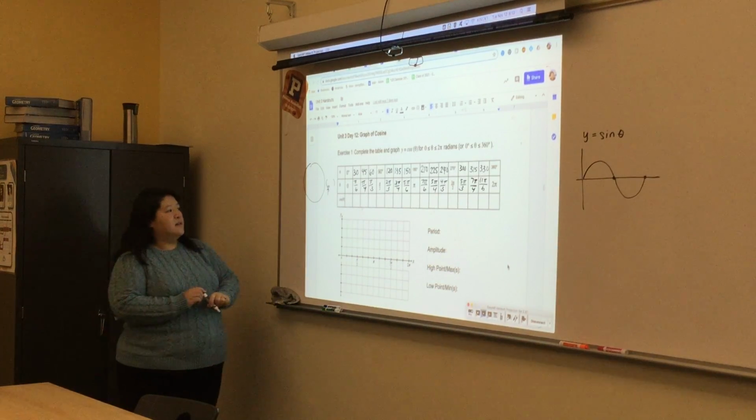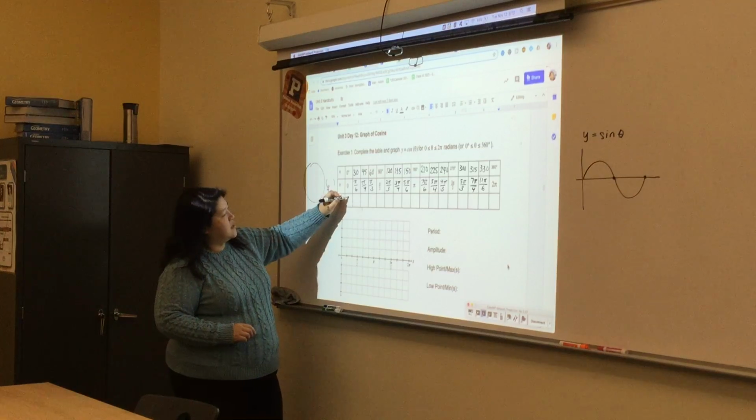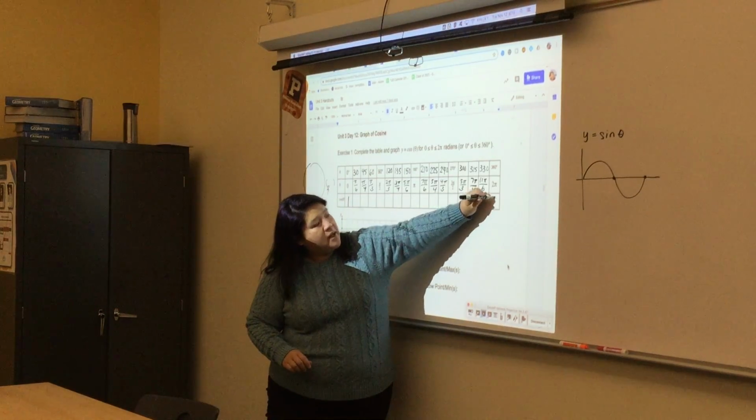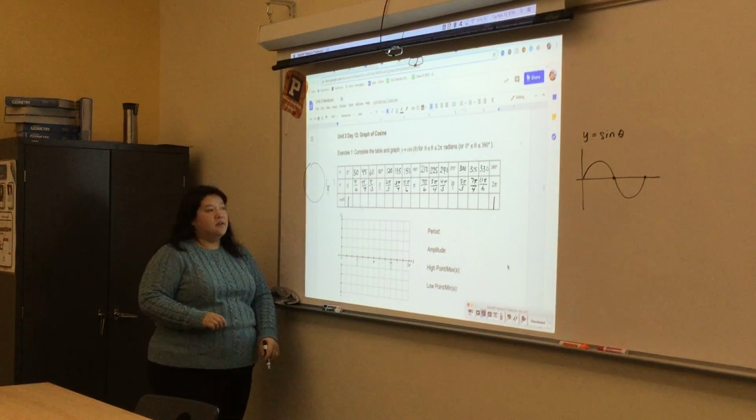Cosine is x. You should know where it starts, which means it has to end in the same place after we go around a full circle.